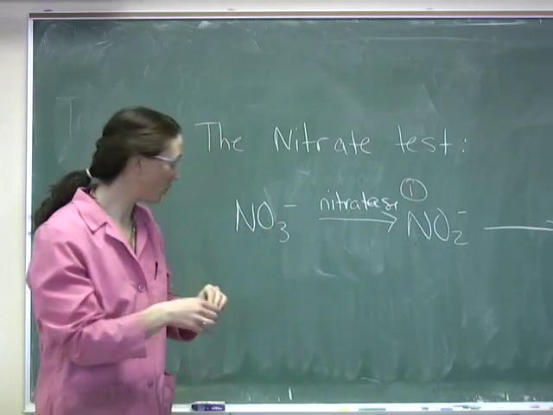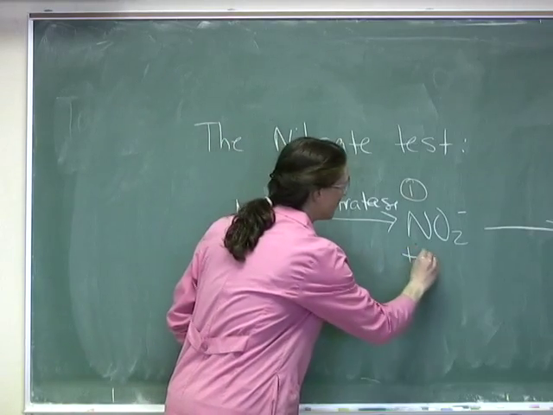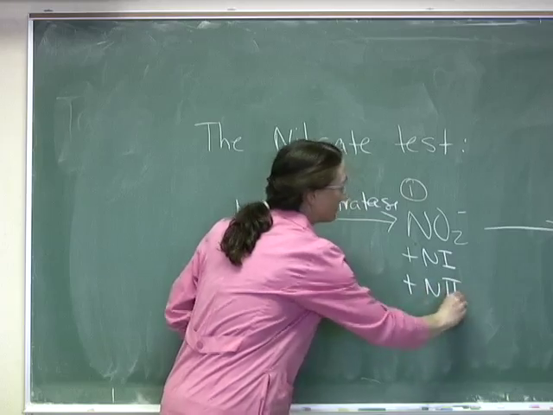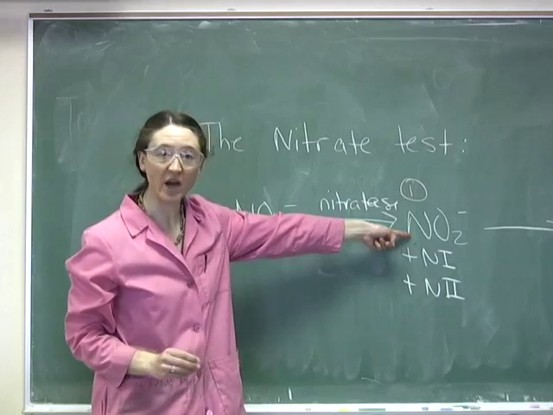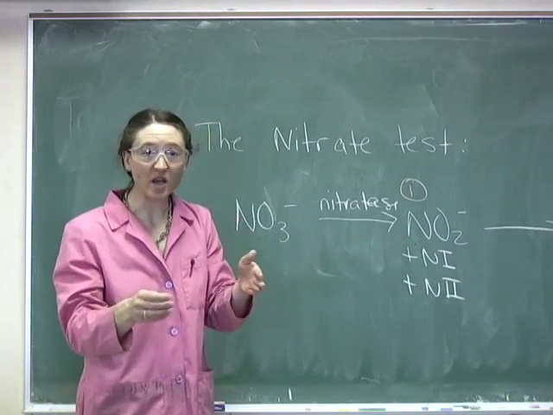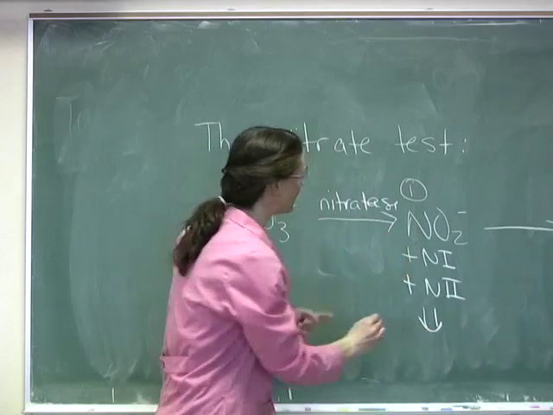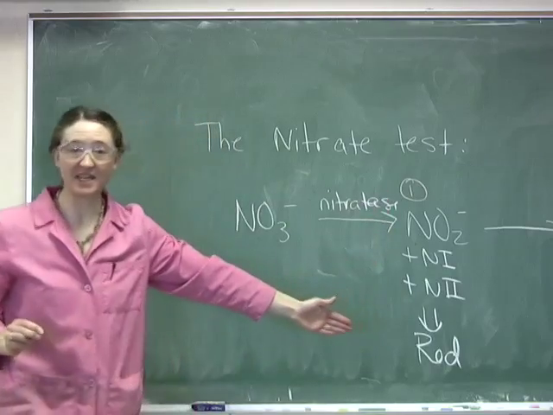If that's the case, when you add those two reagents, nitrate 1 and nitrate 2, those two compounds, the acid and the organic, interact with nitrite, and that creates a red color. So if you turn red after the addition of nitrate 1 and nitrate 2, that's the first way to be positive, right?